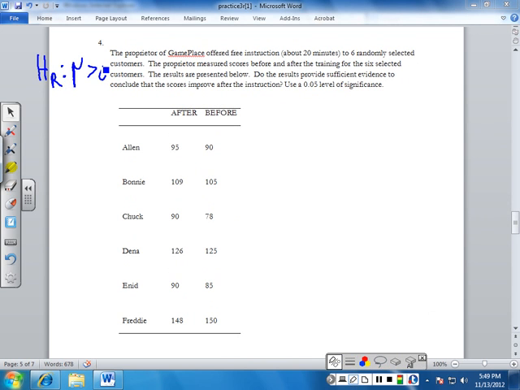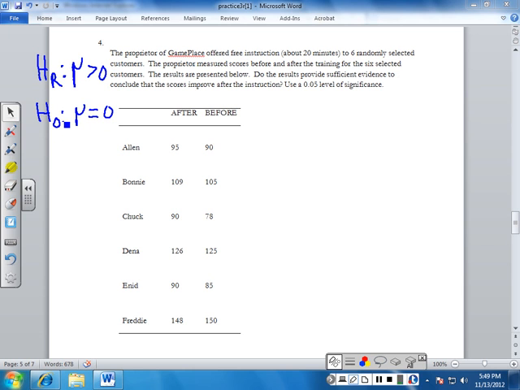Did it go up? And H_0 is mu equal to 0. The only thing you have to pay attention to is make sure that it matches your direction of subtraction.